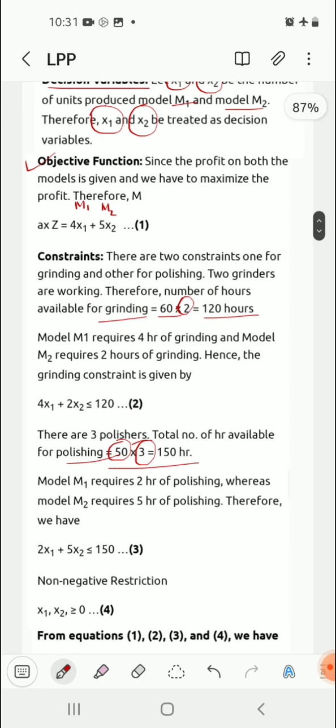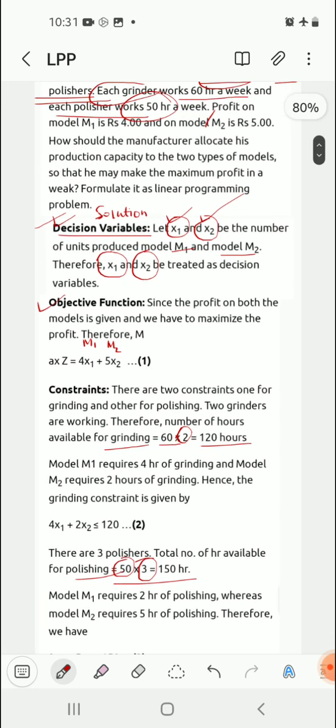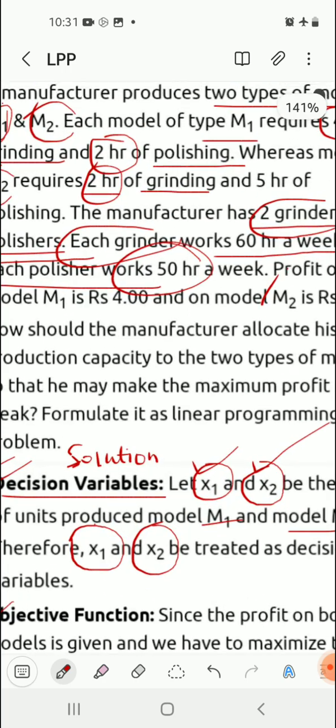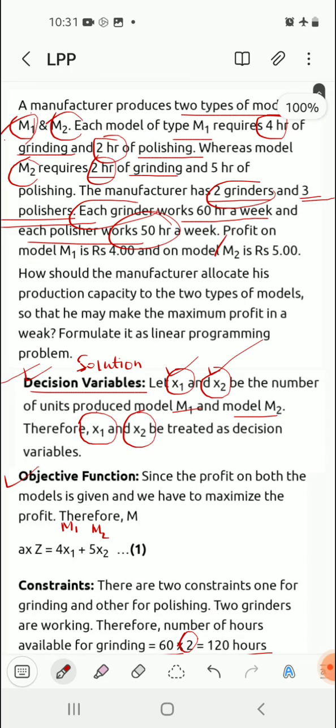Now we have to see that grinders and polishers are both used in the case of models M1 and M2. For M1, 4 hours of grinding is required, and for M2, we require 2 hours of grinding. So 4 hours here and 2 hours here.